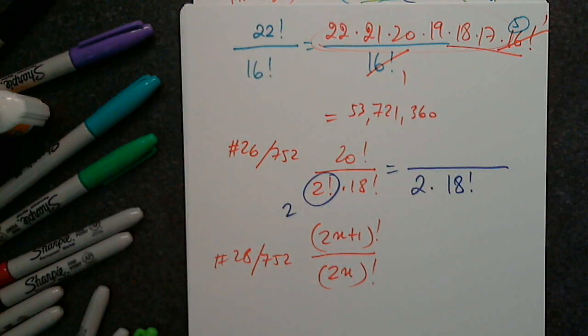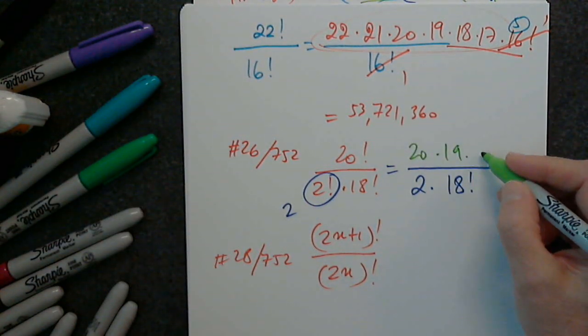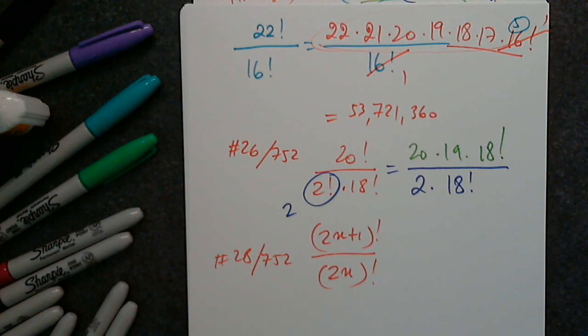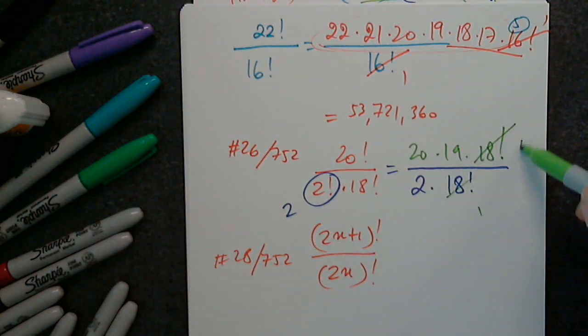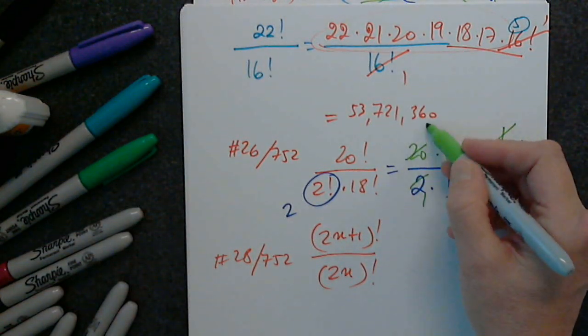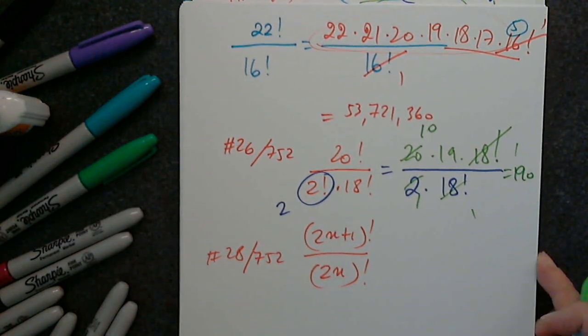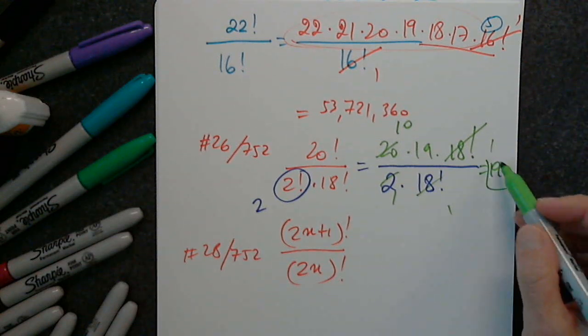For 20, instead of 20 factorial, I will write 20 times 19 times 18 factorial. So I stop at 18 factorial only because I see that this goes away. Of course, I will simplify by 2, and the answer is 10 times 19, which is 190. And that's it.